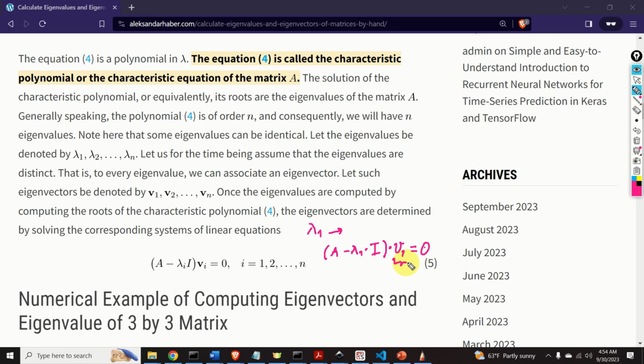Over here, we want to solve the system of equations for v1, and in that manner, we will compute the eigenvector. We repeat this process for all n eigenvalues. That is, we need to solve n systems of equations to compute the corresponding eigenvectors. Okay, that was the definition.